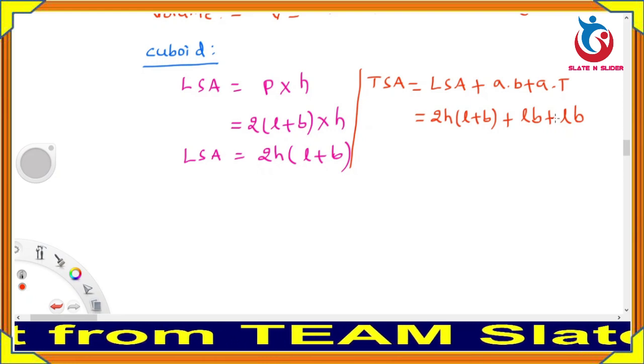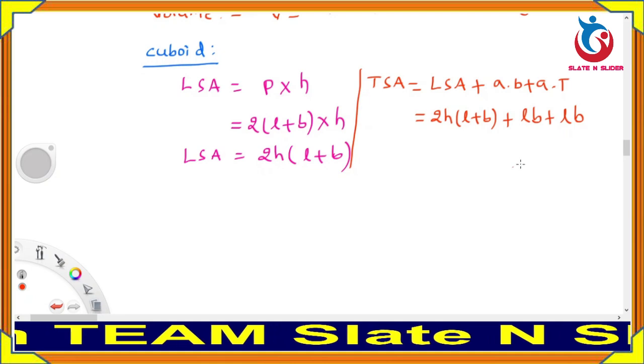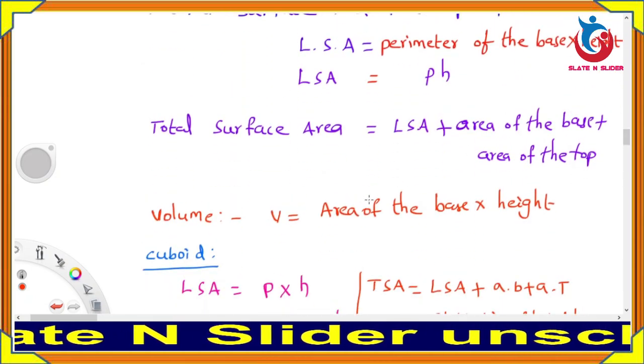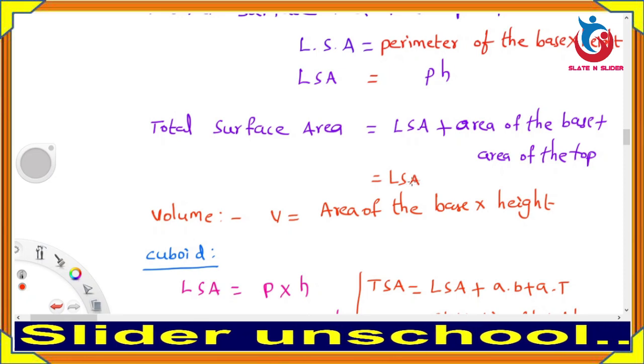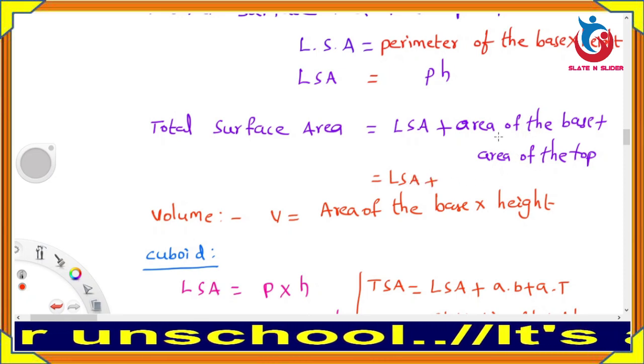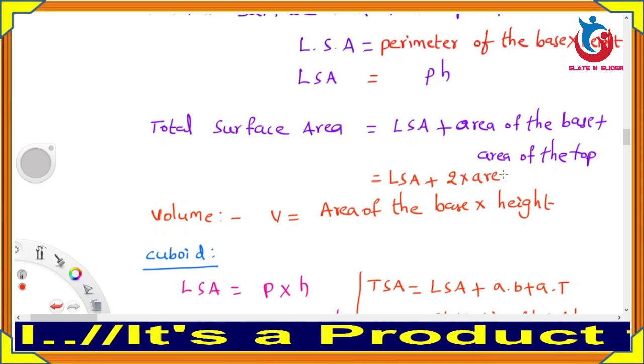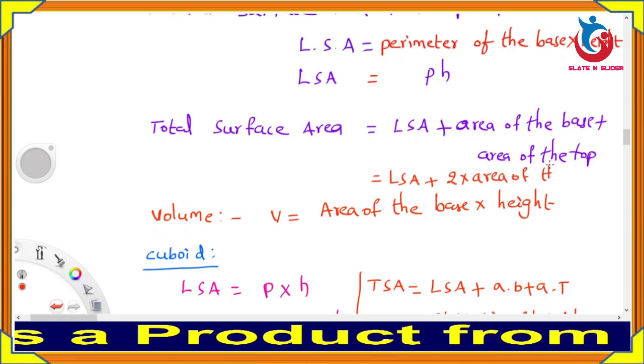So in the total surface area we can write the formula as LSA plus, because both are equal, so no need to write twice, that is why we can write it as 2 into area of the base, it is enough.